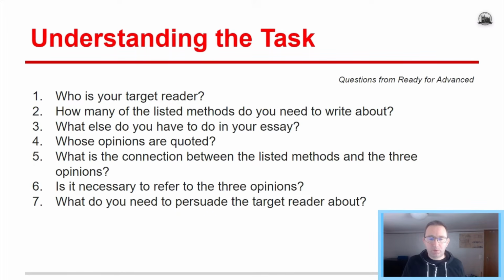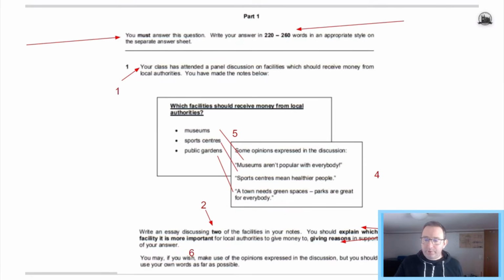Number 4, whose opinions are quoted? Those opinions are from the panel discussion. So that means there's an audience with you, and on a stage, there's a few people, maybe 3, 4, 5 people discussing the topic. So the opinions come from those people, probably.